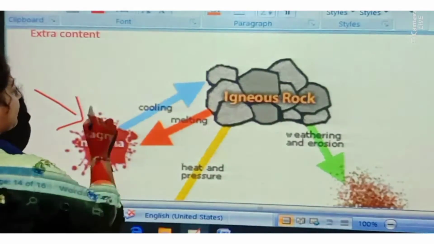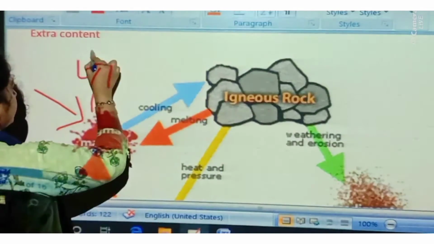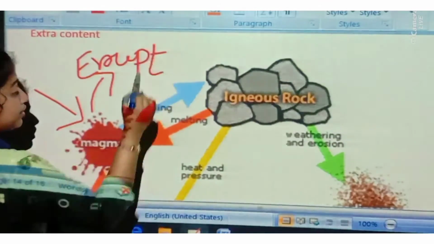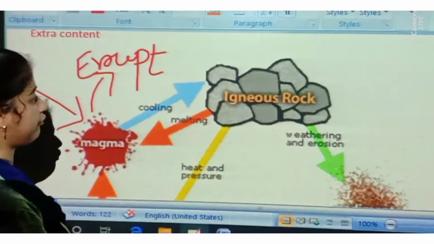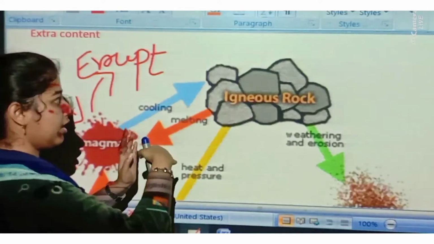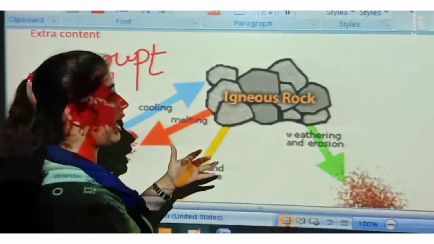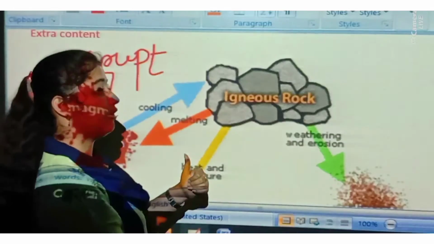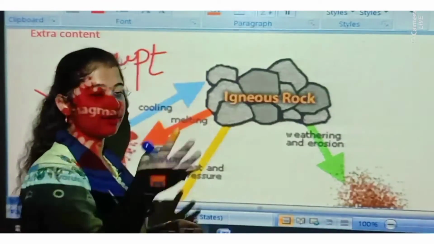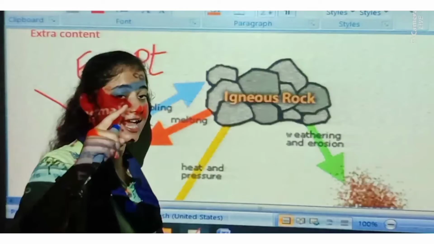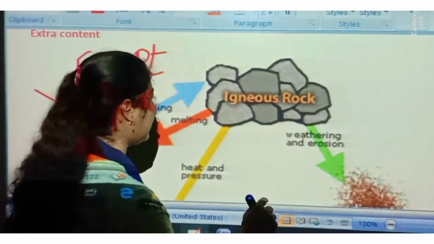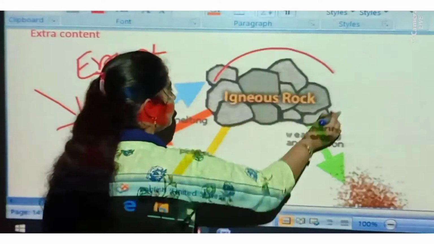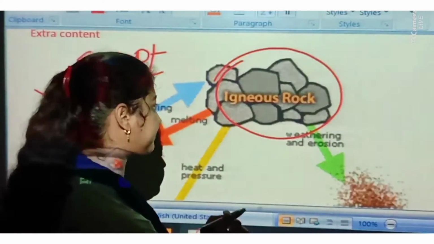So when the magma erupts through the volcano, or the process of volcanism, whenever it creates rock on the exterior part of the volcano, we know that is extrusive rock, which we call basically the main type of igneous rock, right?